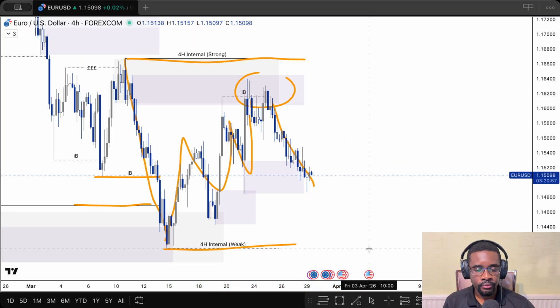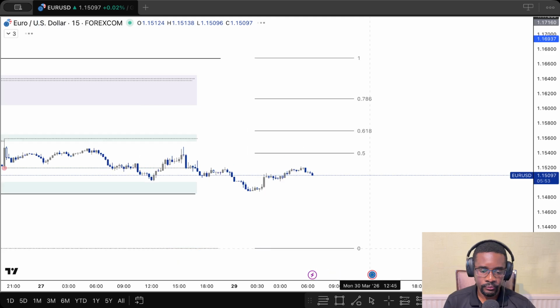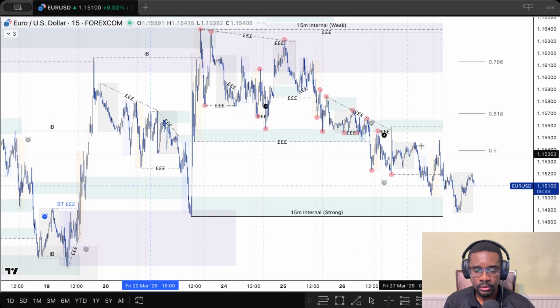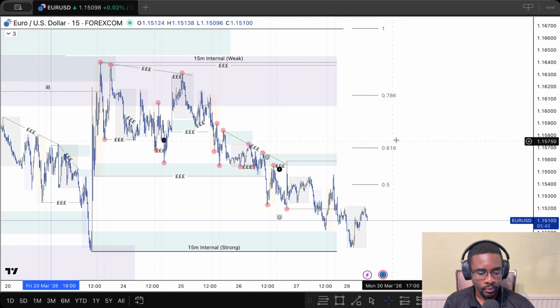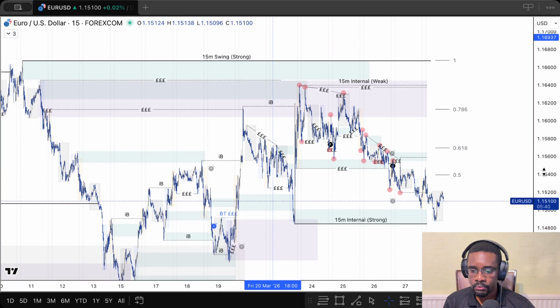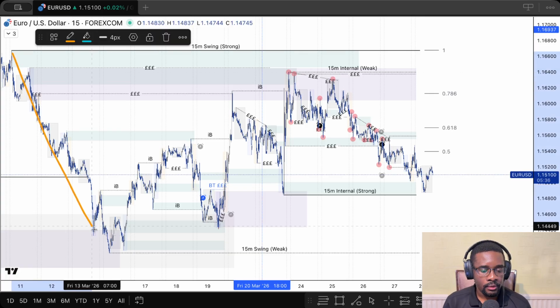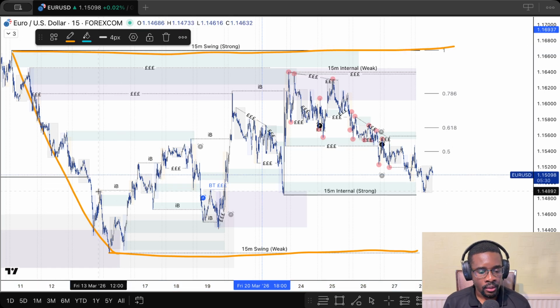So let's look at the 15-minute. On the 15-minute, this is our same range from the 4-hour as seen on the 15-minute, and then internally the 15-minute has been bullish.